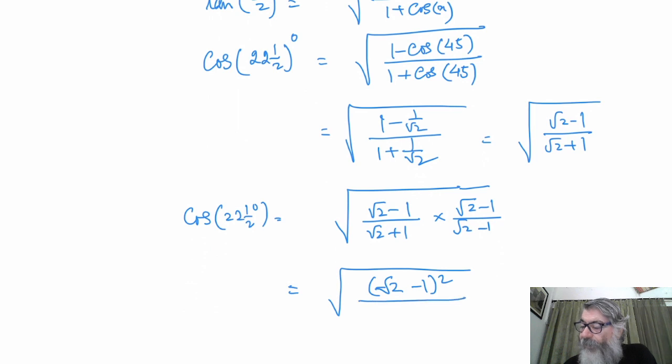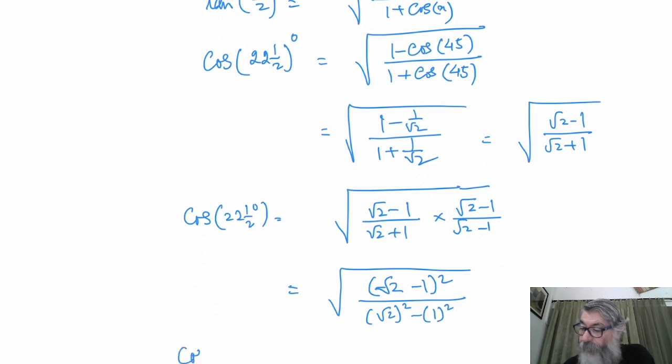In the denominator, a plus b, a minus b will be root 2 whole square minus 1 square. Root 2 whole square is 2, 2 minus 1 will be 1. So that means the denominator will not be there. That was the purpose of it.